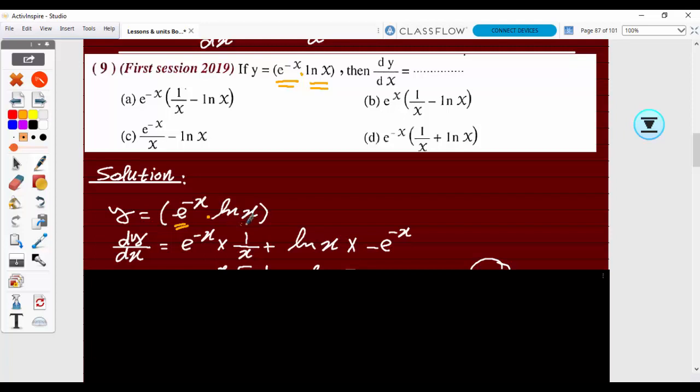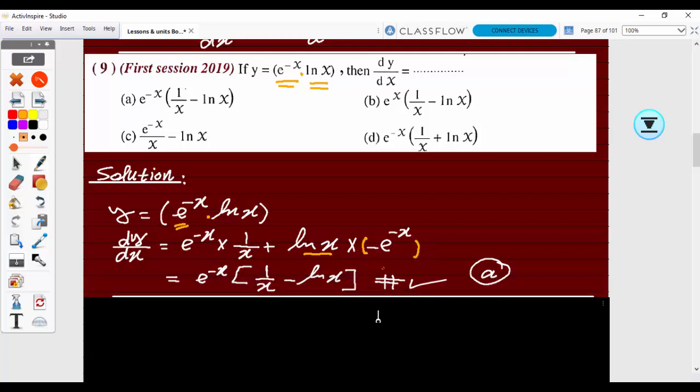The derivative of ln x is 1 over x, plus the second function here multiply the derivative of the first. Derivative of e power negative x is e power negative x multiply negative 1 here. So we can take e power negative x as a common factor.